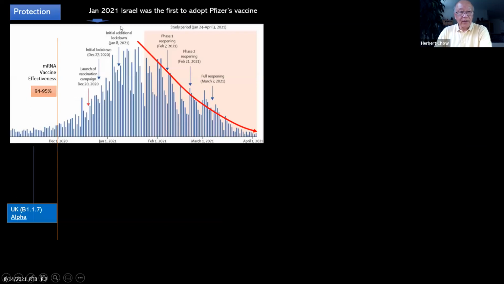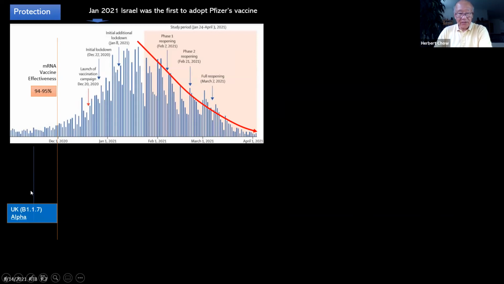When Israel adopted the Pfizer vaccine in January, there were a lot of infections among Israelis. At the time Pfizer applied for emergency approval, we only knew the Pfizer vaccine effectiveness was about 94 to 95%.